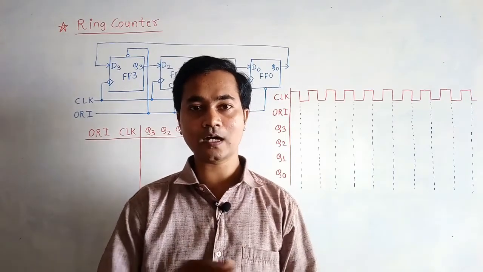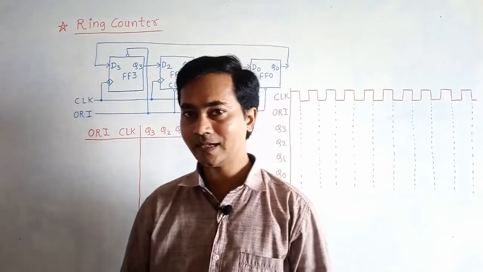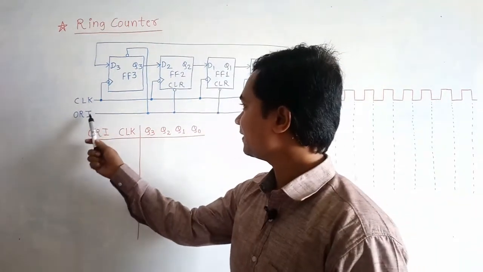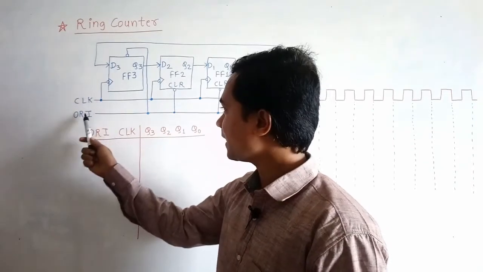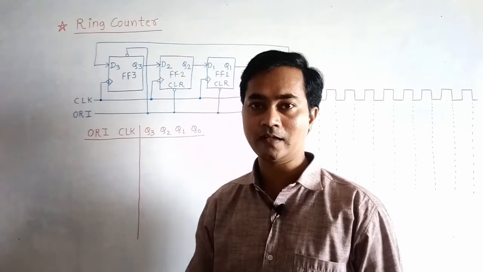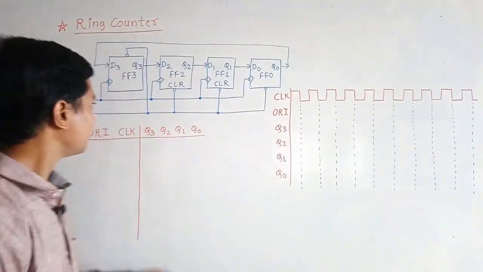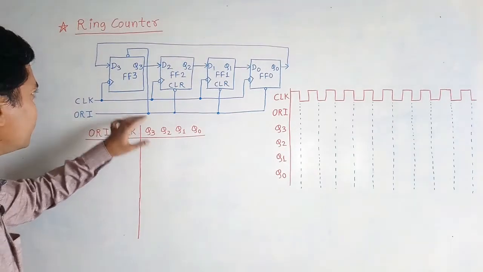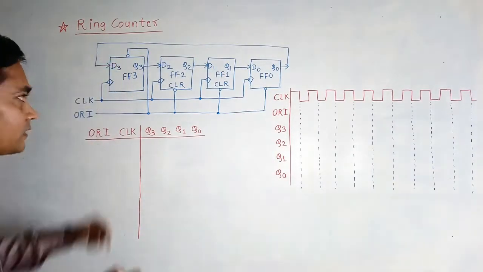Here I want to say that without sensing the clock or D input, the ORI will affect the output of the flip-flop. That is called the ORI, overriding input. Here the ORI is connected to the preset of FF3, that is flip-flop number 3.